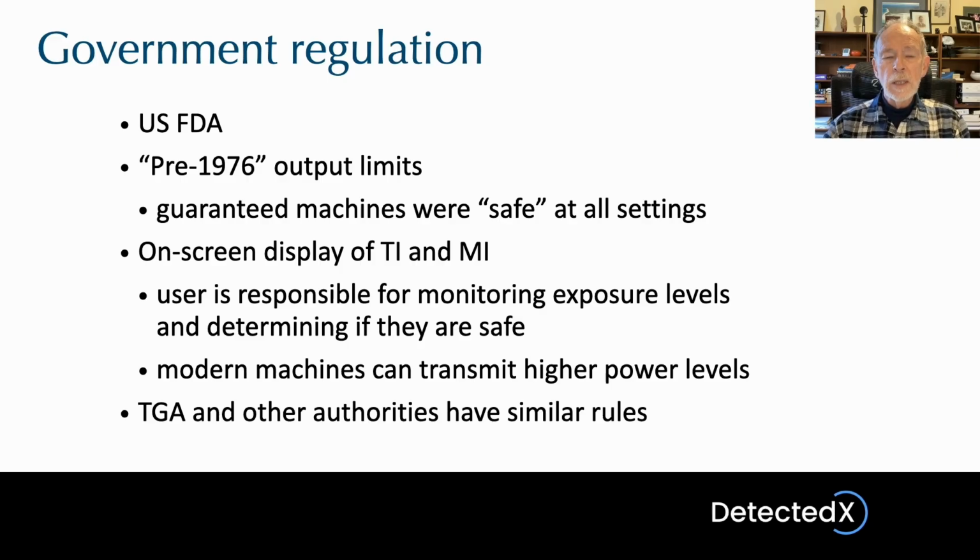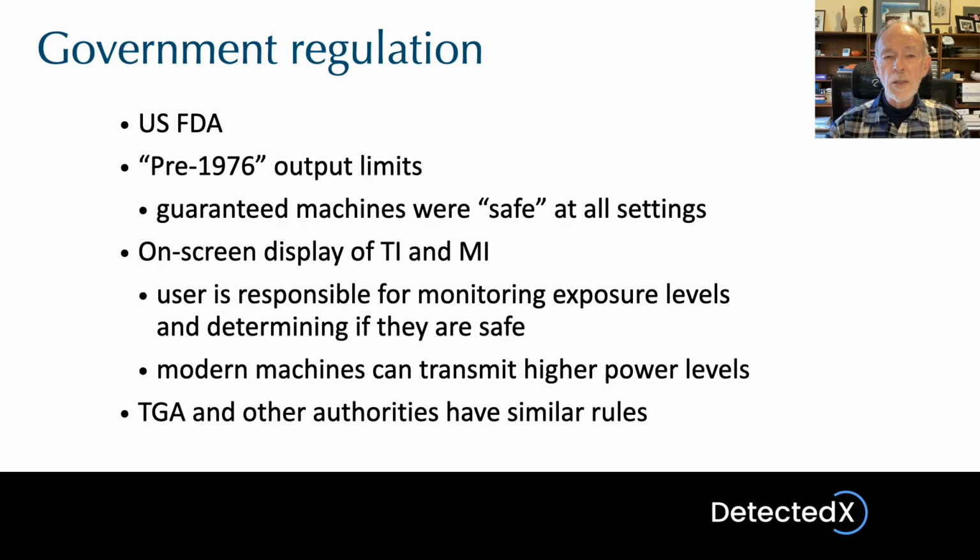And in fact, it is still possible today for manufacturers to register equipment under those old limits. However, in the 1990s, it was determined that there was now a good scientific basis for determining operating levels, in particular, based on the introduction of the thermal index and the mechanical index, which I've described. So you will remember that the purpose of the TI and the MI is to indicate to the user what the exposure levels are in meaningful terms relating to the safety of the exposure.